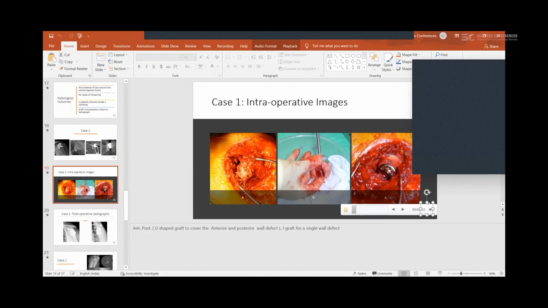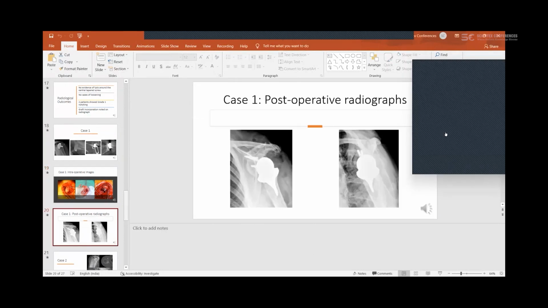And these are the intraoperative findings for this patient, showing an anteroposterior wall defect and the need for a large U-shaped, wedge-shaped graft to cover the defect. And then this patient's post-operative findings can be seen there.